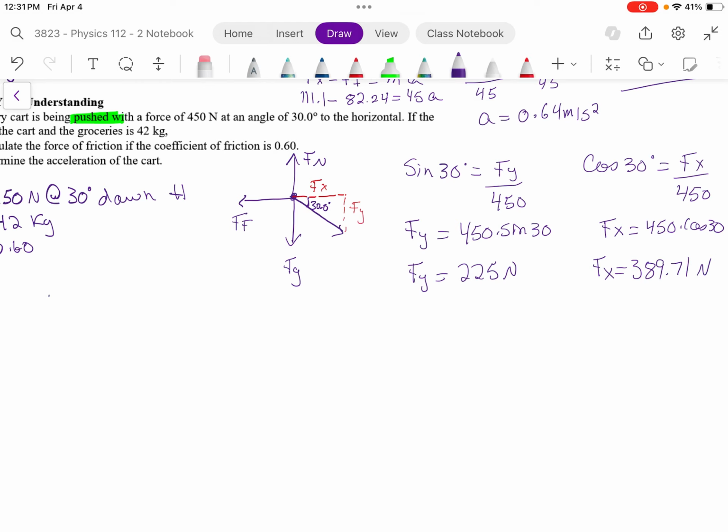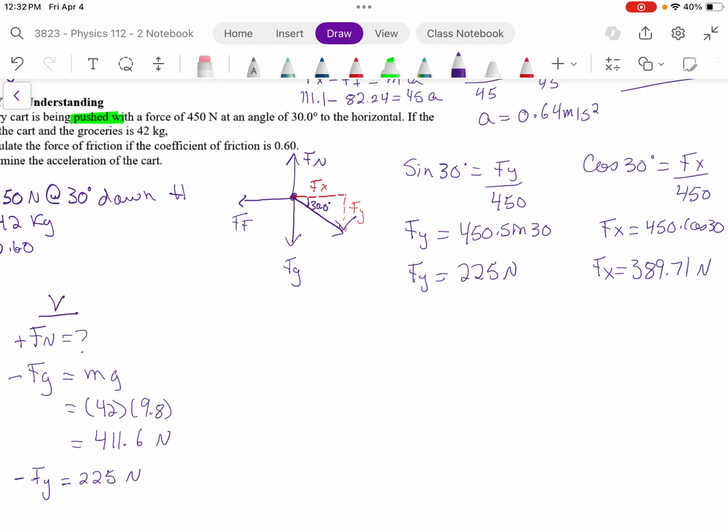Now that we have our force broken up into its vertical and horizontal components, we're going to analyze vertically and horizontally. Vertically, we have the normal force, which is positive, and we don't know what it is. We have the gravitational force, which is negative, and it's equal to mg. The mass is 42 times 9.8, so 411.6 newtons. We have the vertical component of our applied force, which we have to be careful. It's pointing downwards, so it's negative. The Fy is going to be a negative 225 newtons.